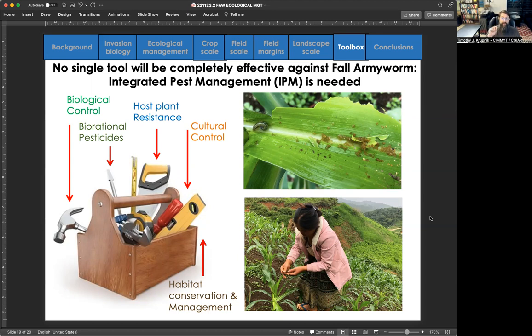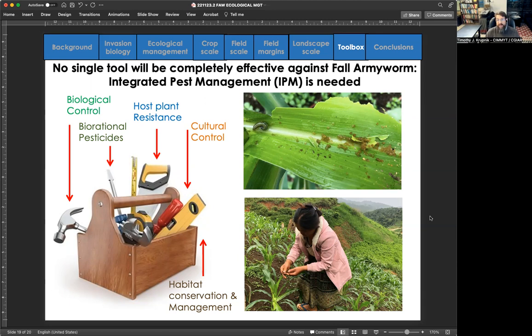But these are just some particular tools that need to be included within an overall integrated pest management and ecological pest management toolbox. Agroecological management alone may not always be appropriate in all locations, times, and so on.